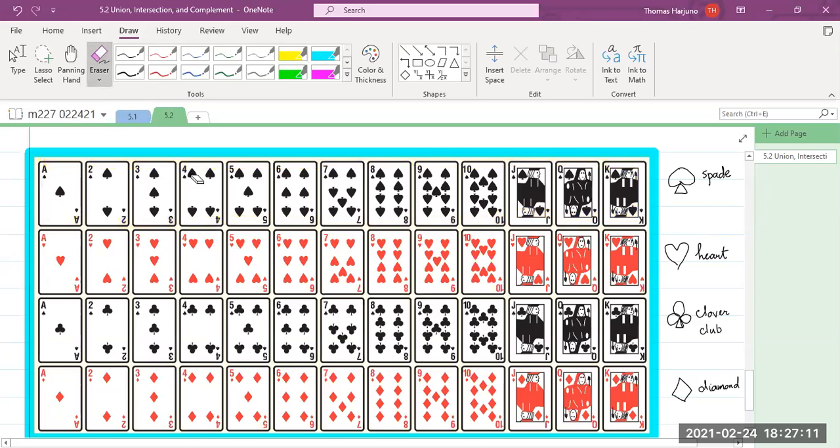A card is called a face card if it's either jack or queen or king. So these are the face cards. Basically, instead of numbers, it's a face. There are a total of 52 cards in a deck.